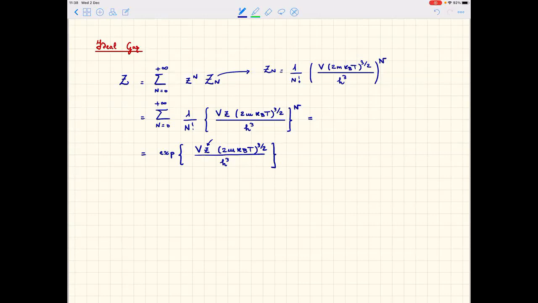Because now, if we compute the average number of particles, which is z dz of the log of the grand canonical partition function, you see that this is nothing but V times z times (2πm kBT)^(3/2) divided by h cubed.